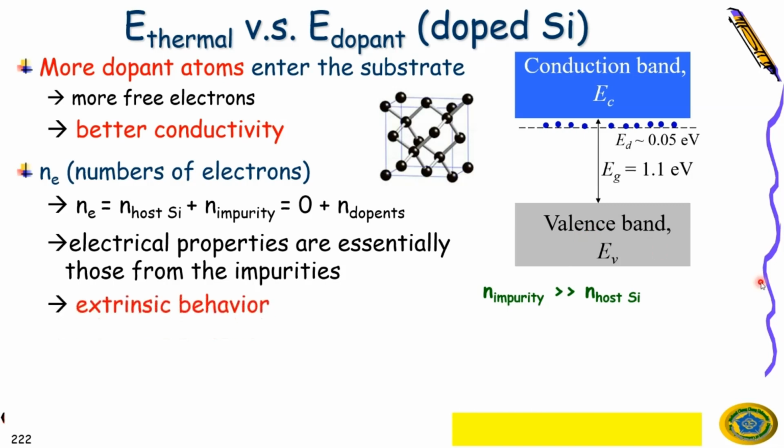So this is called intrinsic behavior. You will know another term called extrinsic behavior. Extrinsic behavior means the property isn't dominated by the original properties of the silicon, but by the dopant atoms. This is called extrinsic behavior.